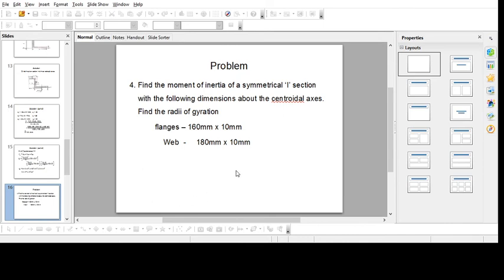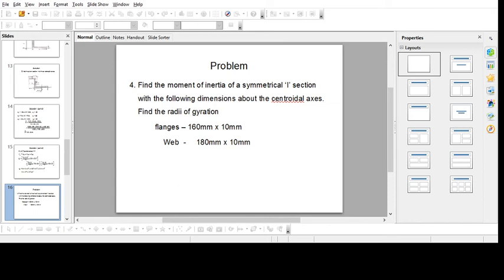So 10 plus 180 by 2, and 180 by 2 means 90, so 90 plus 10 means 100. So 100 is y2 and x2 is 80, and its area is 10 into 180, nothing but 1800 mm square.